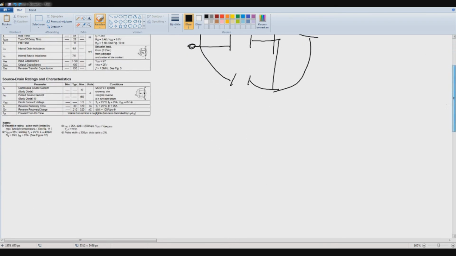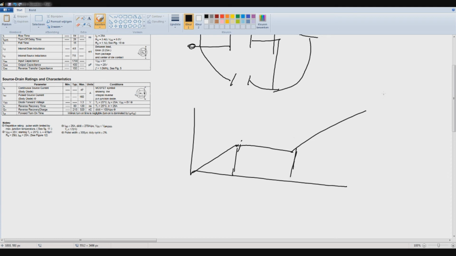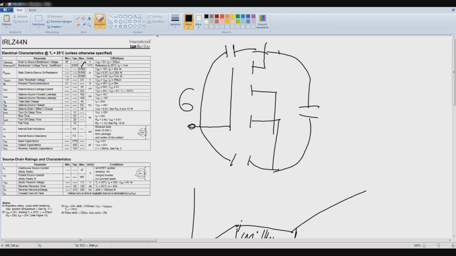And over here we have the Miller charge, which we will see coming up. Basically, it has to do with this region of turning the MOSFET on. This is the Miller region, and this is where the charge has to be charged, to simply say it. It's not a small charge, as you can see.